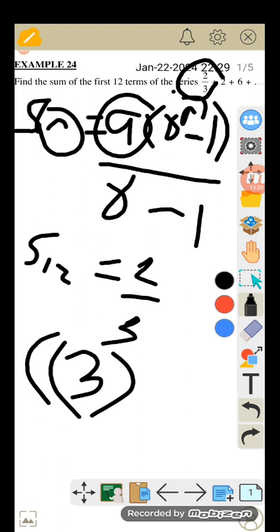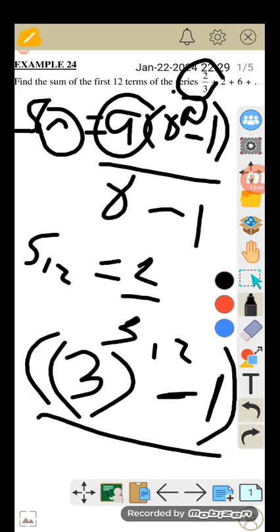And then my N is 12. Remember, my N is the number of terms, right, guys? And then they want the sum of the first 12 terms, all over 3 minus 1. Let me just press the calculator for the moment and then jump to the answer straight.